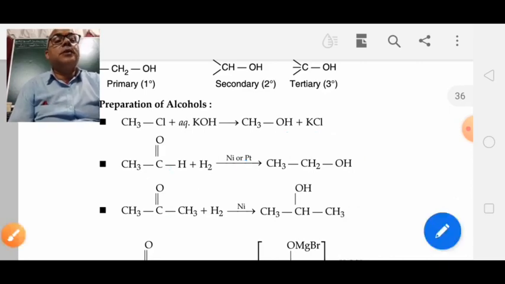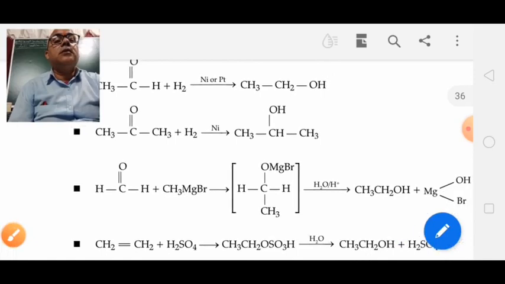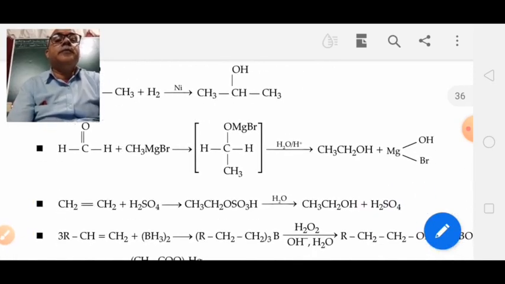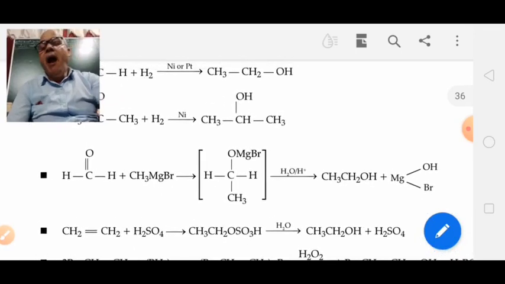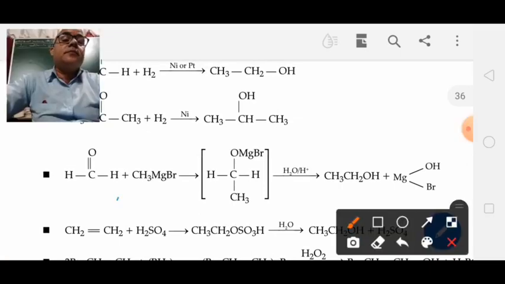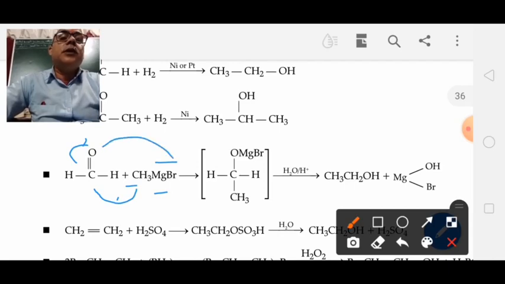Now, next preparation you see here. This is from the Grignard reagent. This one is formaldehyde, and here is the Grignard reagent. Electrons will transfer here, and then the CH3 group will attach to this carbon, and OMgBr will attach to this oxygen.